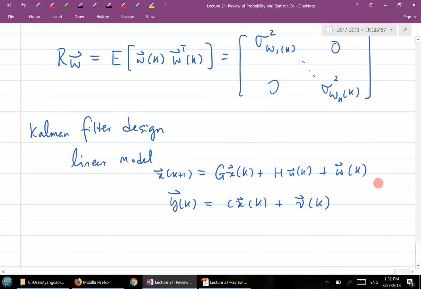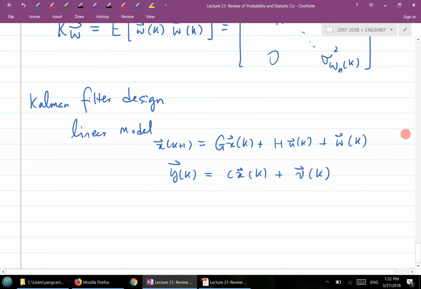As I just mentioned, the W is the so-called process noise, and the V is the so-called measurement noise, or sensor noise.